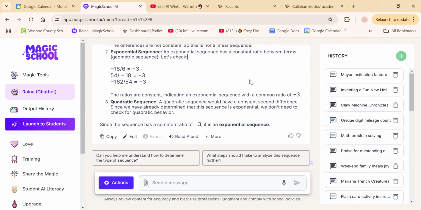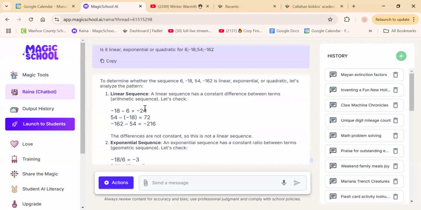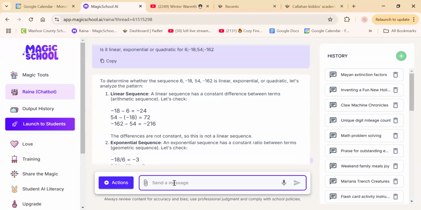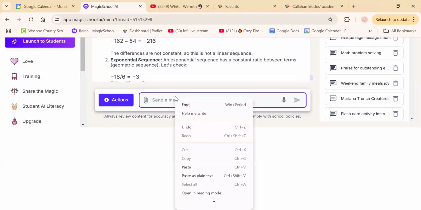So it's already determined that the sequence is exponential. We don't need to check for quadratic behavior. Since the sequence has a common ratio of negative 3, it is a geometric sequence. All right, and then we also want to figure out what is the equation, right?